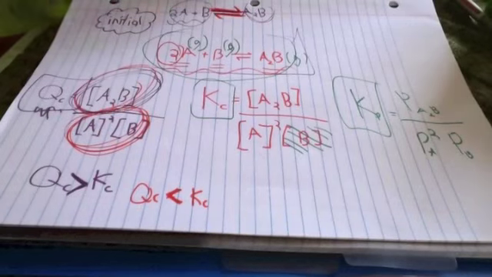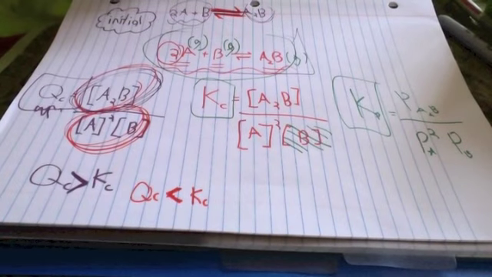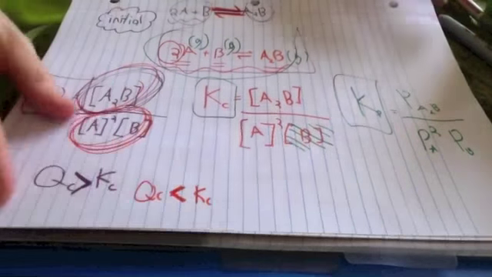So that's one way you can play around with Qc and Kc, but more importantly, what I want to worry about is how we can solve the problems involving an ICE table. And we did one of them yesterday, because I think the most important thing for you is to be able to identify when you actually have to do a problem that involves an ICE table.